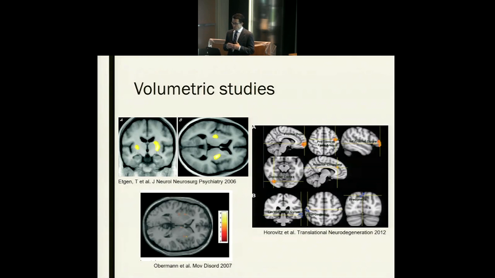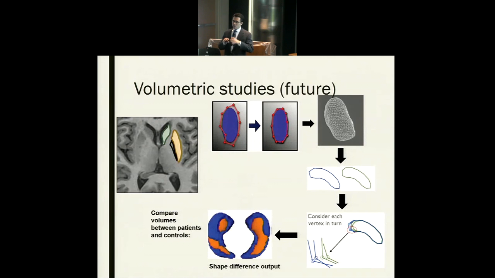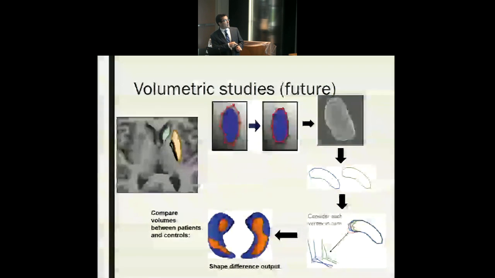And one theory to put out there is that maybe the sizes of our brain areas don't change, but maybe the shapes do. And so perhaps future studies will look at the actual shape of a structure. So these are some of what we're talking about, the basal ganglia, and the yellow is the putamen. You can imagine that if there's maybe some increase in plasticity here, but decreased here, the overall volume wouldn't change.